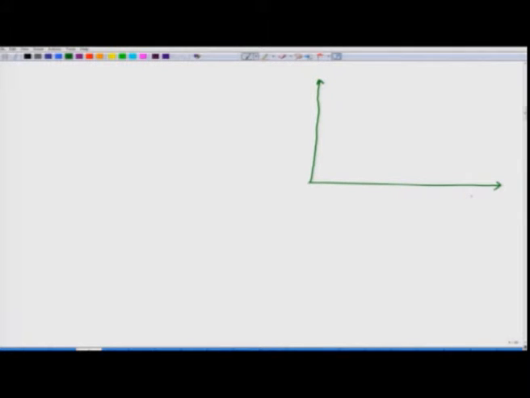Again, utility from 1 to 0, and this is my months or years, and let us say this is 12 months, with 3, 6, 9.